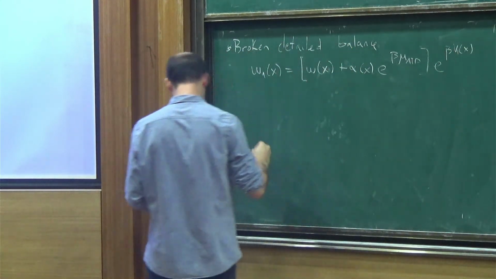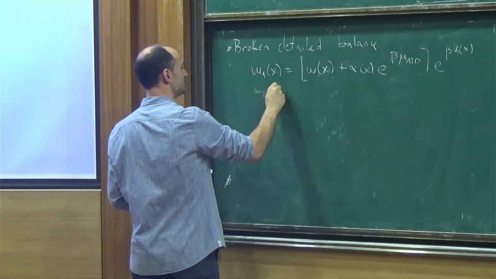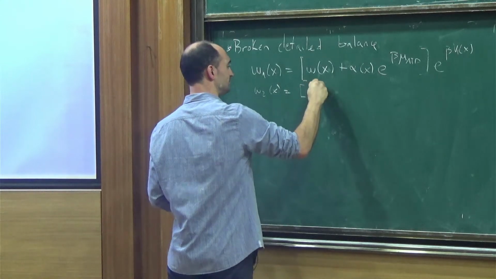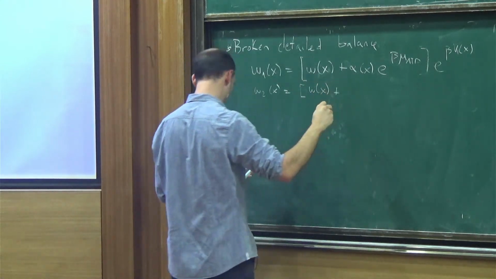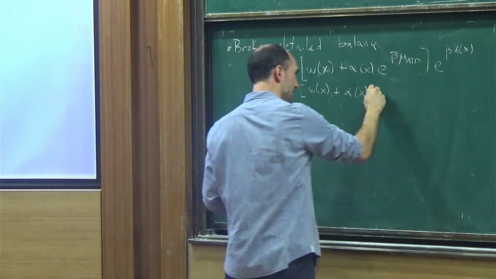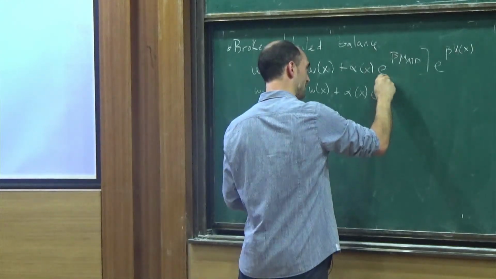And omega 2 of x will be omega x plus alpha x e to the beta... There are infinite choices you can make to break detail balance.